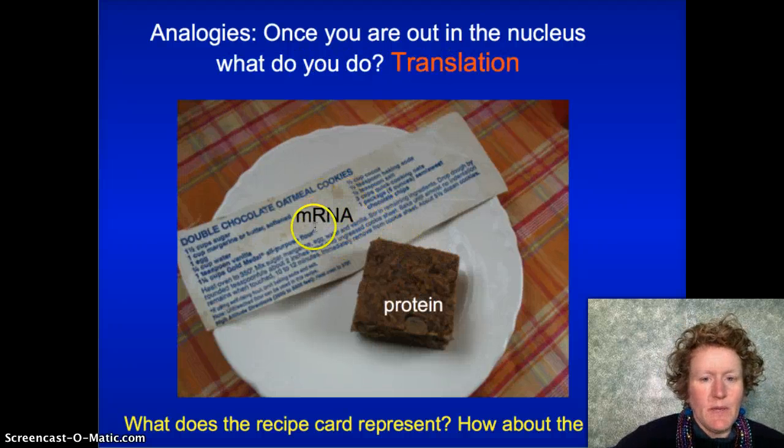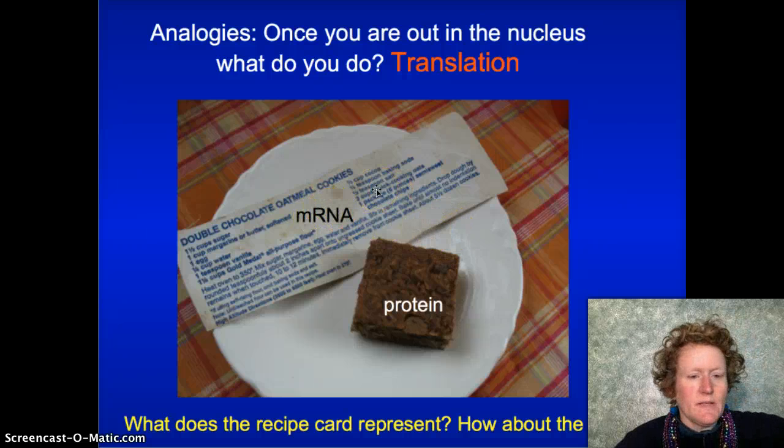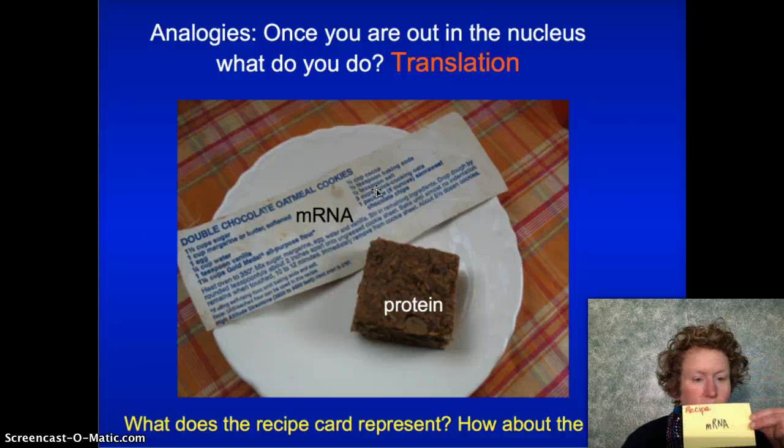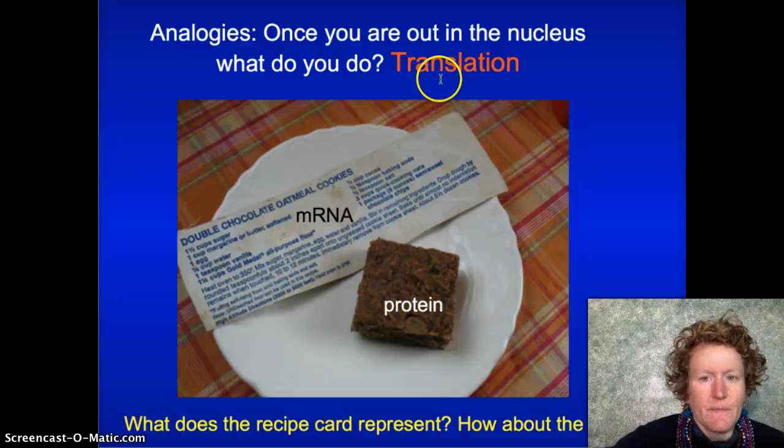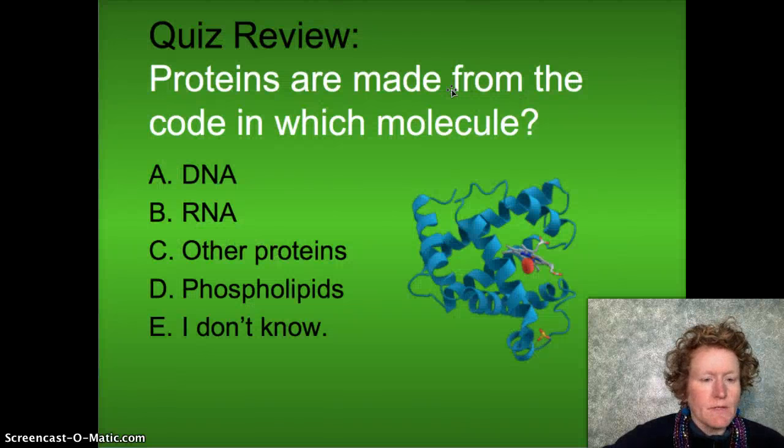So the recipe is the mRNA, and the process of using the instructions, using this code on my mRNA recipe to make a protein, that's translation. So transcription, then translation. So let's review a little bit.